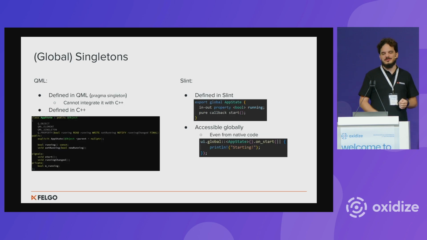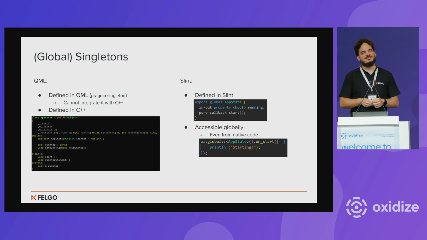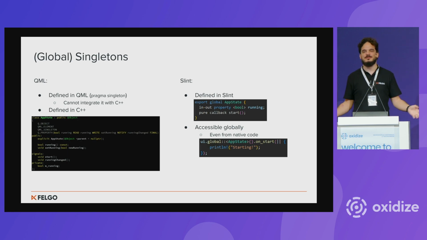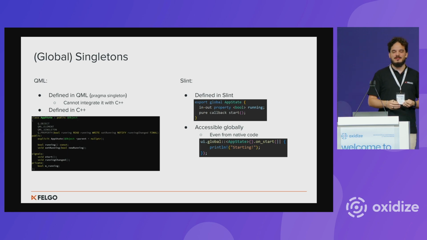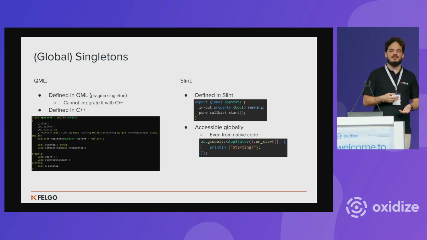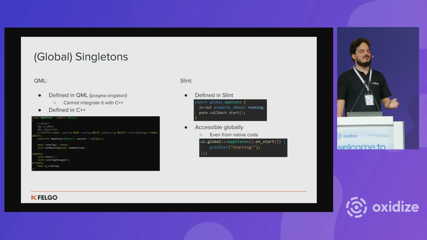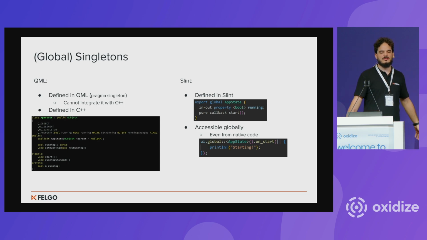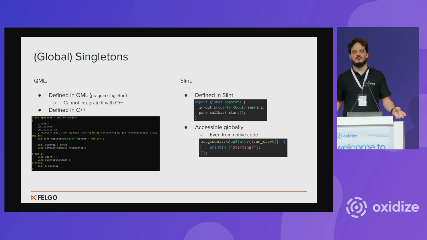As for singletons, people don't like singletons in general, but in UI, you sometimes need singletons to represent the actual application state that is general in the whole application. So in QML, you either define a pragma singleton in the file that is used only in QML, or define your C++ object with some macros, and that can be used from the whole application.